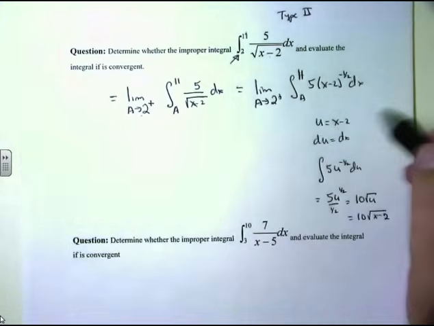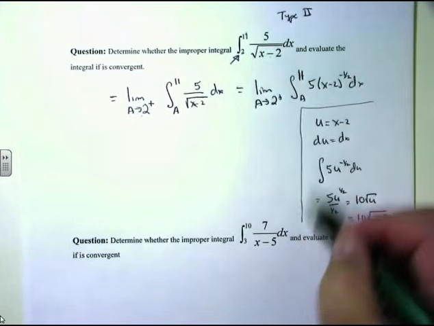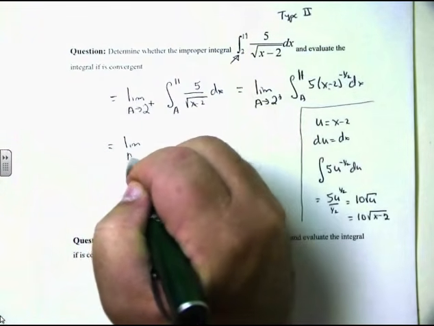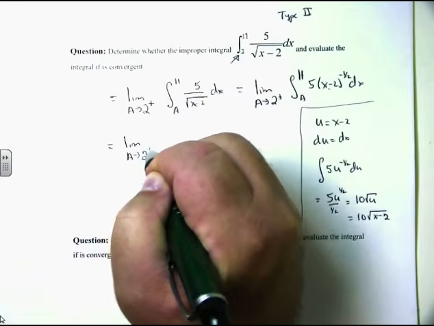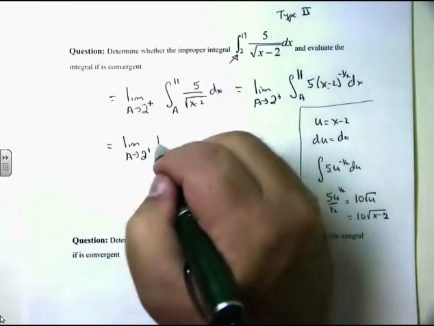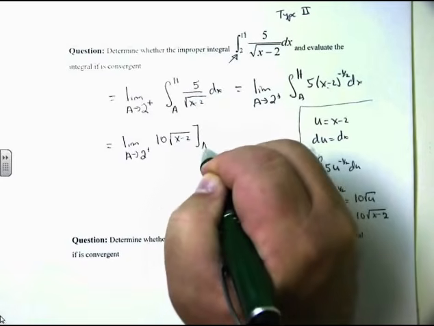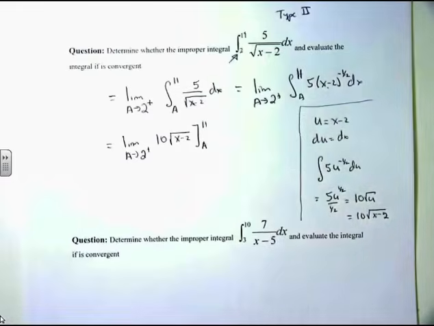So this was all to just integrate this. So this would be equal to, back substituting, the limit as a approaches 2 from the plus side of my answer, 10 square root of x minus 2, evaluated from a to 11.